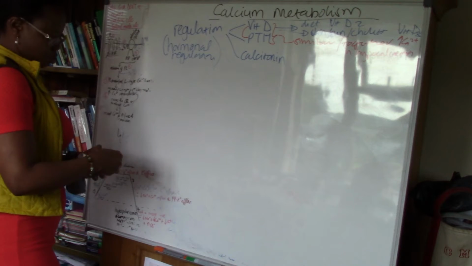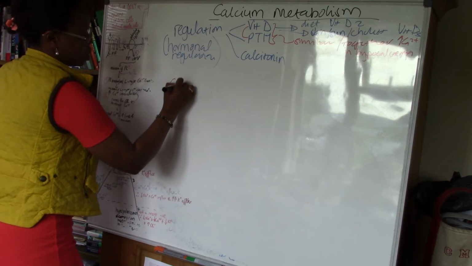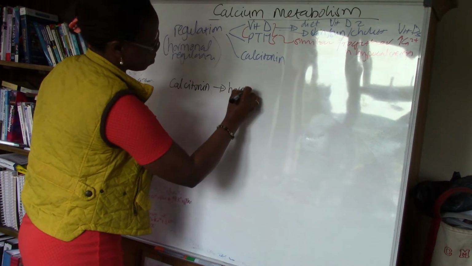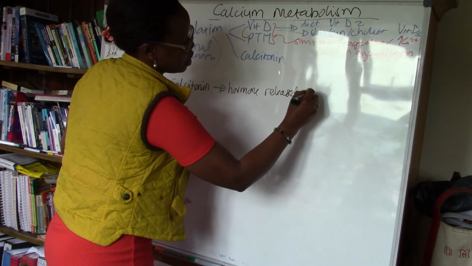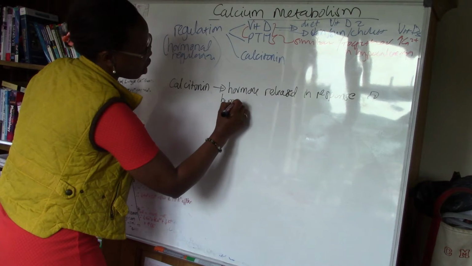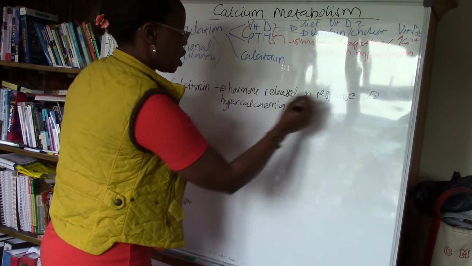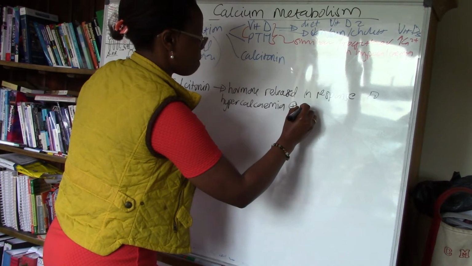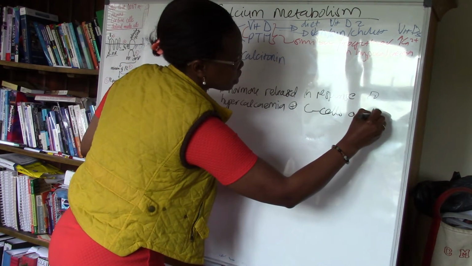And then finally, calcitonin is quite different from the other two. It is also a hormone that is released in response to hypercalcemia, so this is increased calcium levels, and it's released from the C cells of the thyroid.